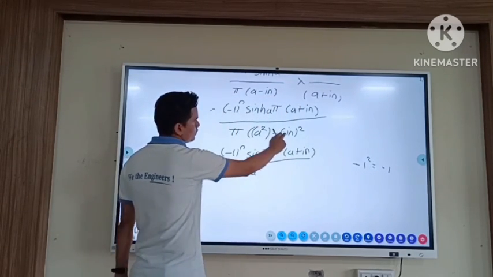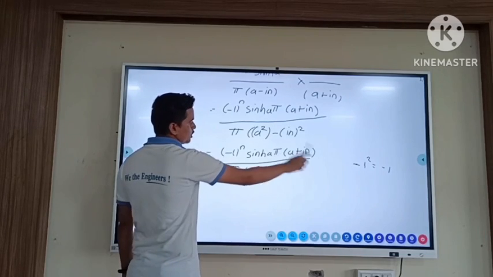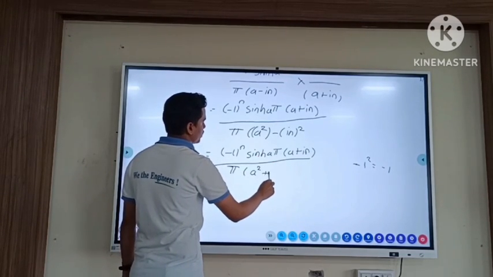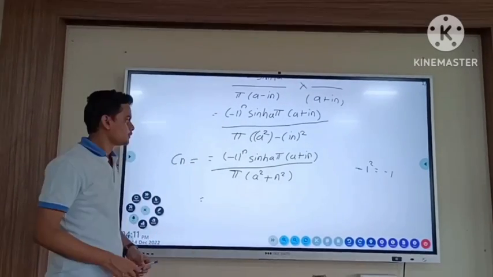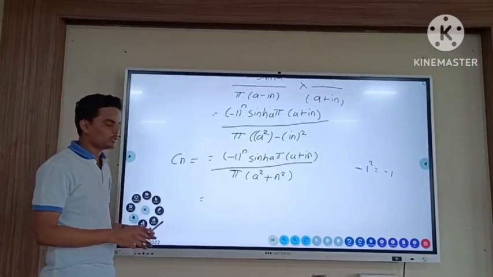So the minus 1 and the minus become plus, and what remains is a square plus n square. Here is the solution of Cn.